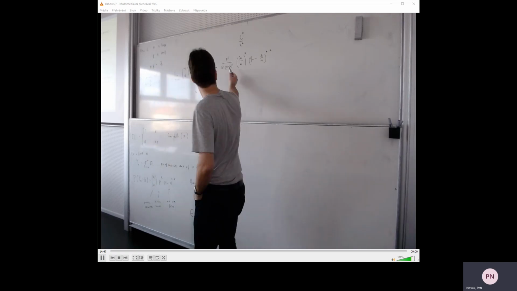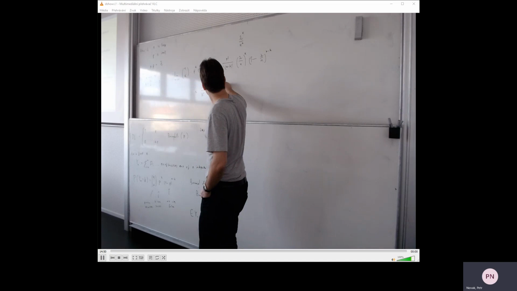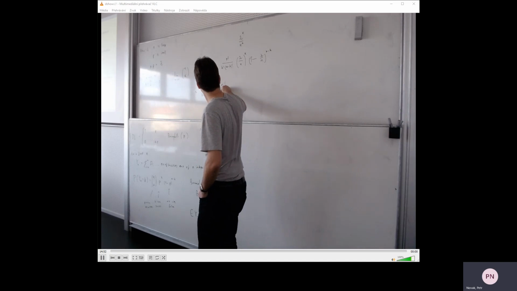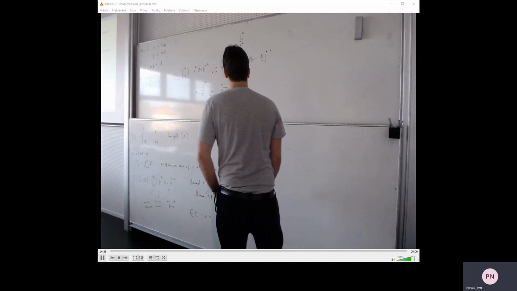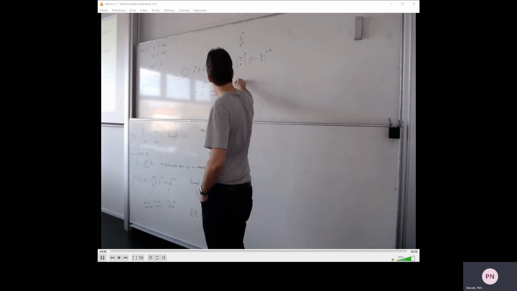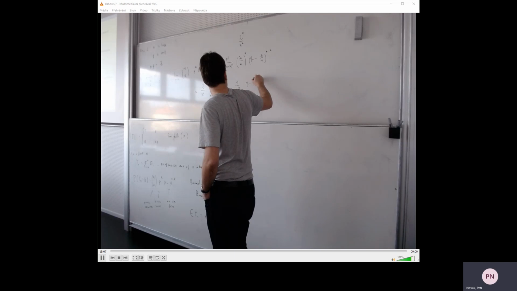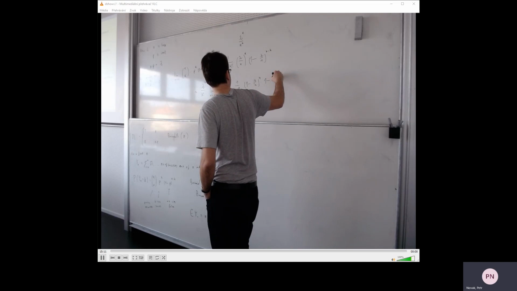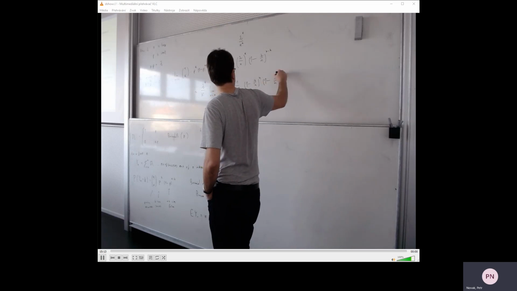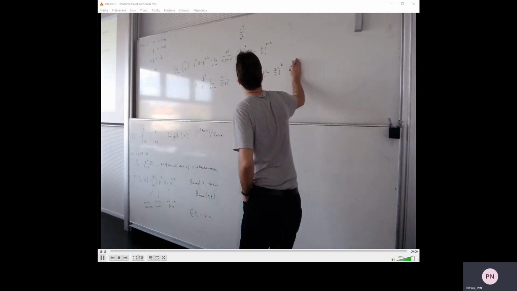And now what's remaining here? n factorial over n minus k factorial, then 1 over n to the power of k, and now 1 minus lambda over n to the power of n times 1 minus lambda over n to the power of minus k.